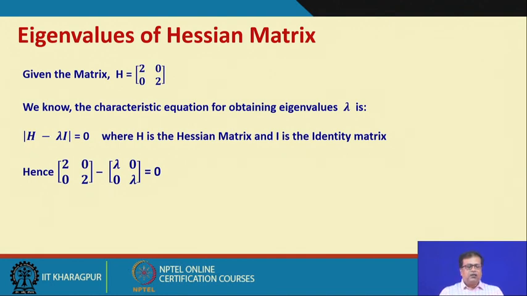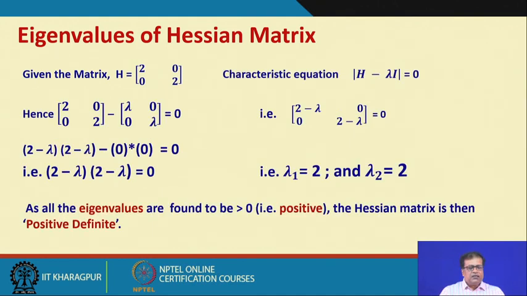So, if you put that equal to 0, then what are we going to get? We get a matrix 2 minus lambda 0 0 and 2 minus lambda, is it not? That is the matrix that is now put equal to 0. So, that is exactly what is written here, that this will become 2 minus lambda 0 0 2 minus lambda equal to 0.